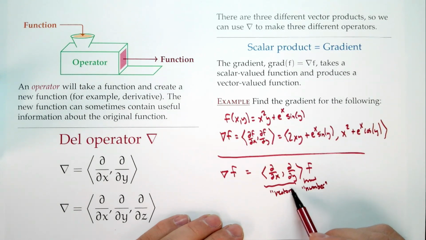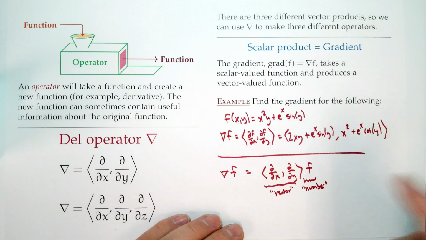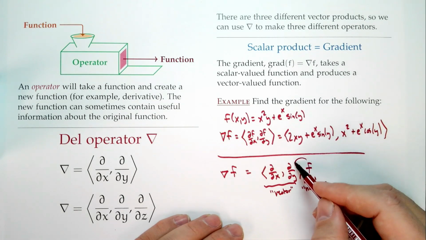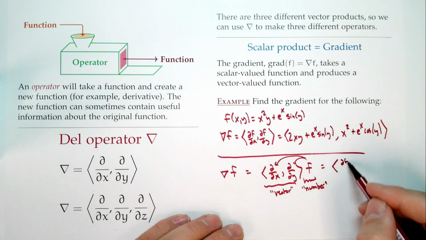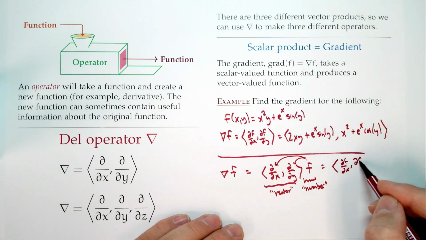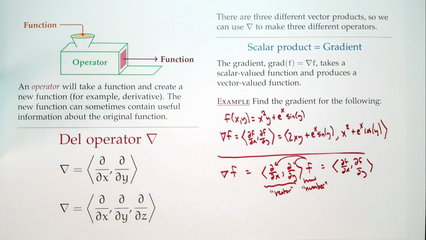So that's sort of the intuition about why we call it a scalar product. Number, vector. And when we're doing a scalar product, we just distribute through. So that's how we end up with our partial f, partial x, and our partial f, partial y. So scalar product works with functions with any number of inputs. 2 inputs, 3 inputs, 17 inputs, any number you want. And it behaves like what we've already talked about. So there's not too many surprises.